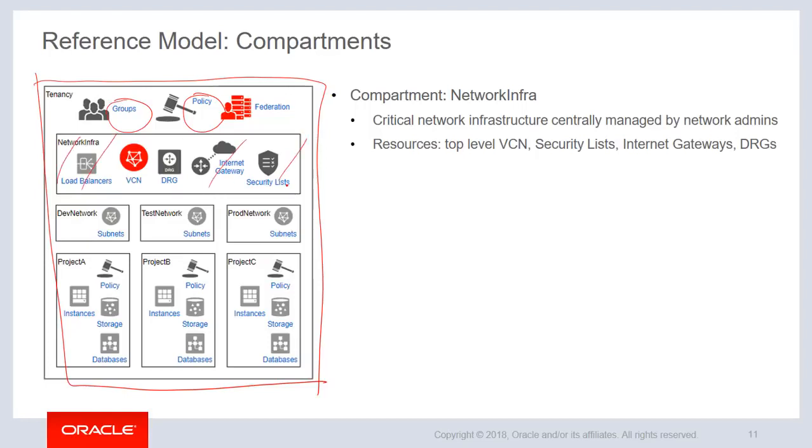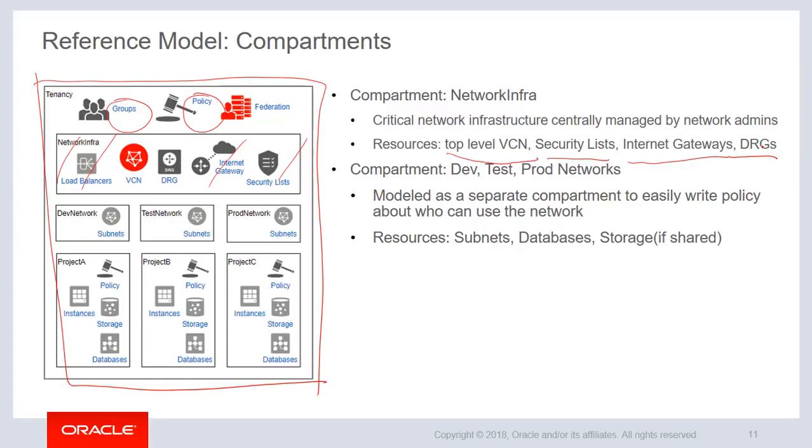Now this compartment can house critical network infrastructure which has to be centrally managed by network admins. So the things which can live here can be the top level VCN, my virtual cloud networks, the security lists, my gateways, all the different kinds of gateways which are possible, my firewalls. This is basically my demilitarized zone, DMZ.